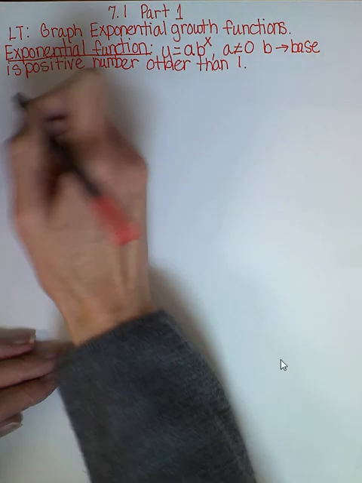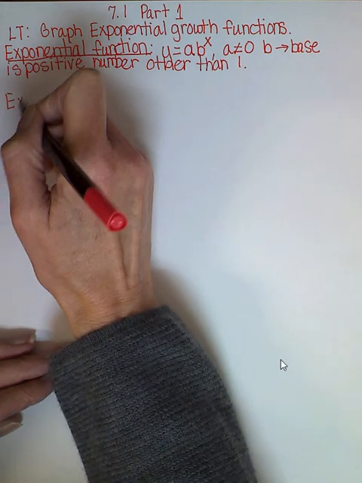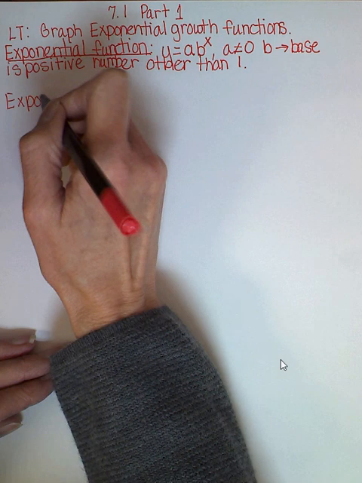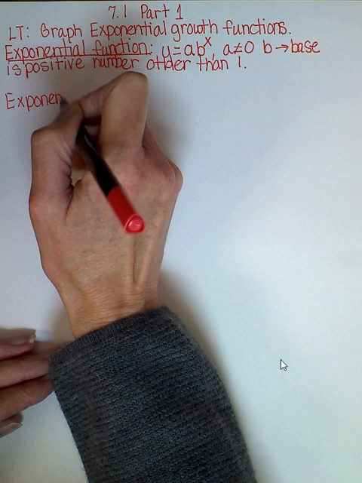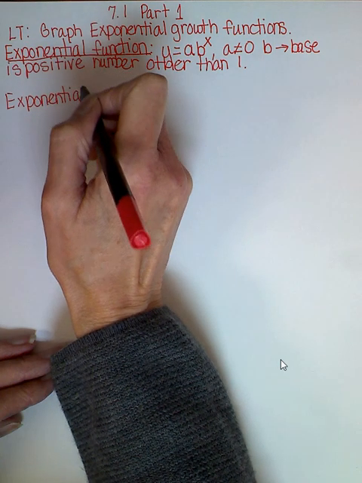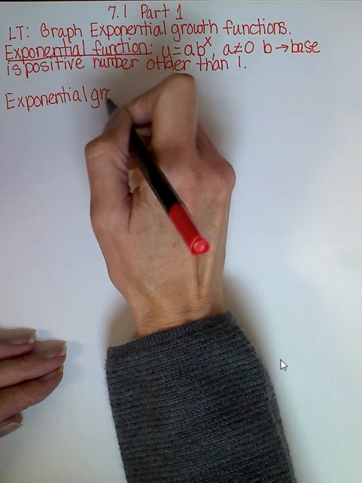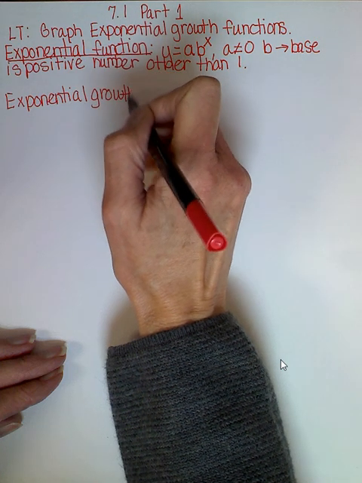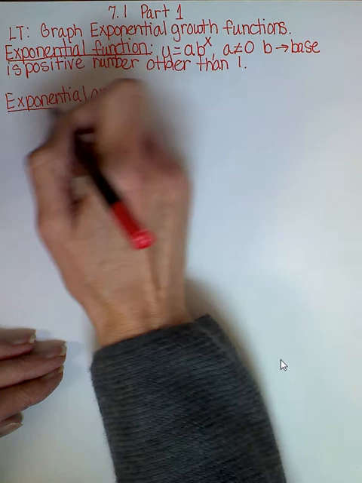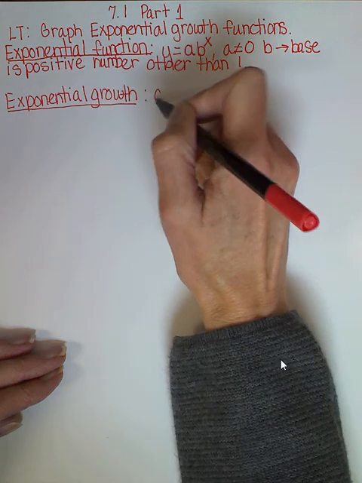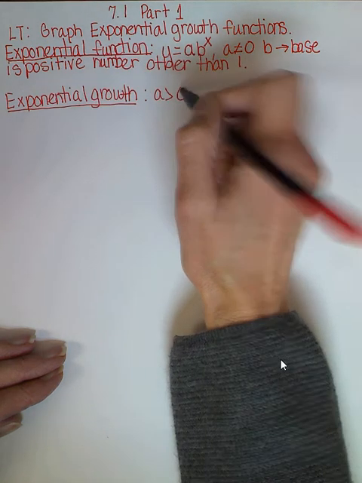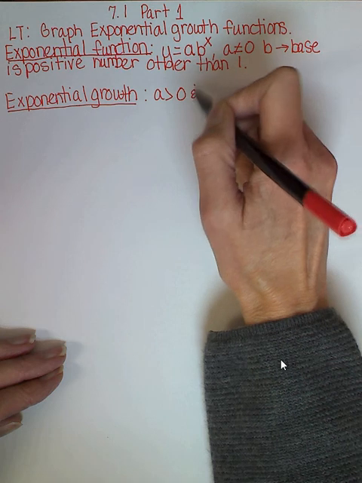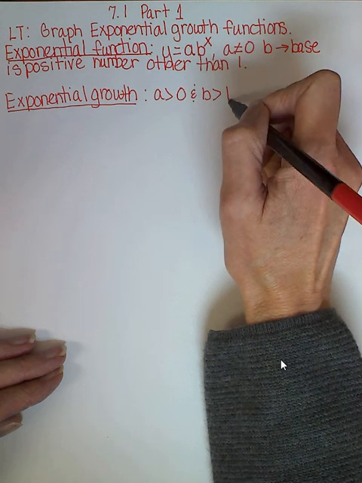Alright, so exponential growth. Again, if it's growth, the a value has to be greater than 0, and the b value has to be greater than 1.